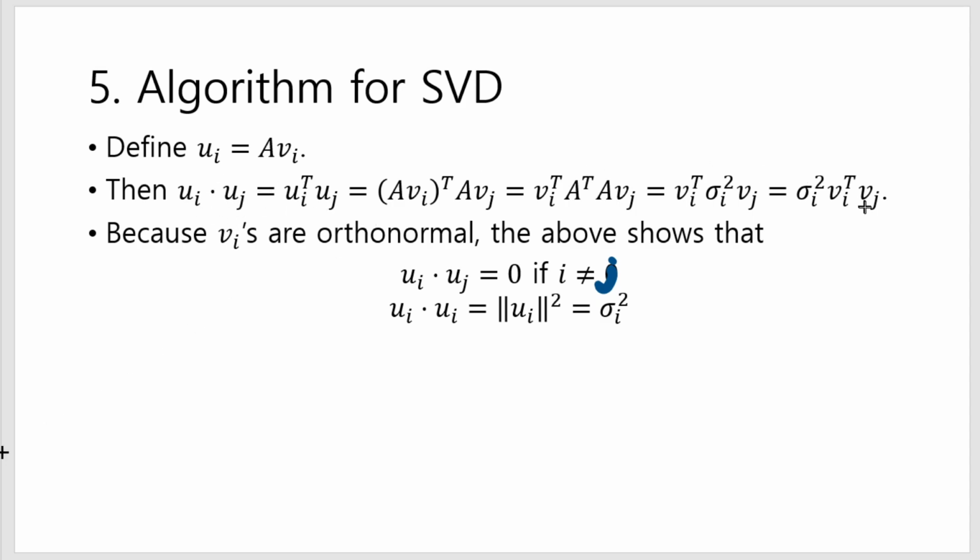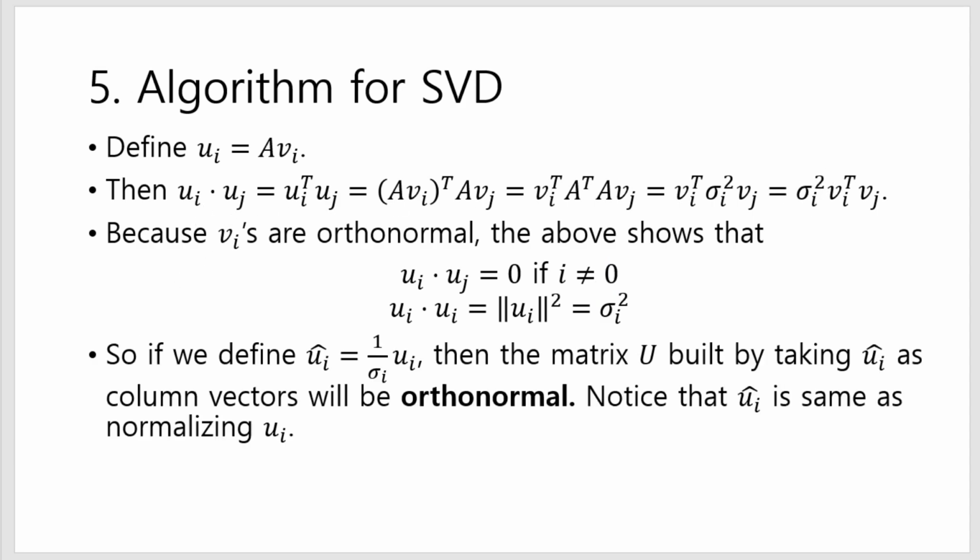This would be, when this is 1, just the singular value squared. And then if we define ui as the normalization of this, this really means sigma i is the same as the norm of ui. So what you're doing is just making this a unit vector.